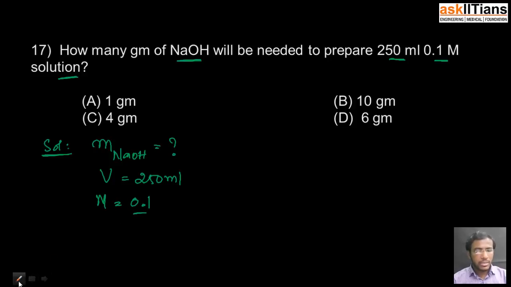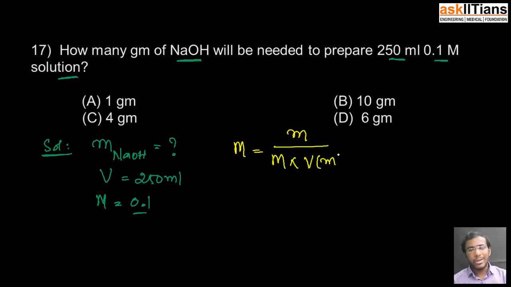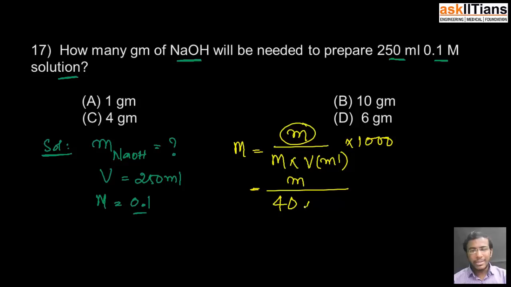Let's write the definition of molarity and calculate the mass. Molarity is equal to mass of NaOH divided by its molecular mass into its volume in ml, divided by 1000. The molecular mass of NaOH is 40, the volume is 250, and the molarity is given as 0.1.